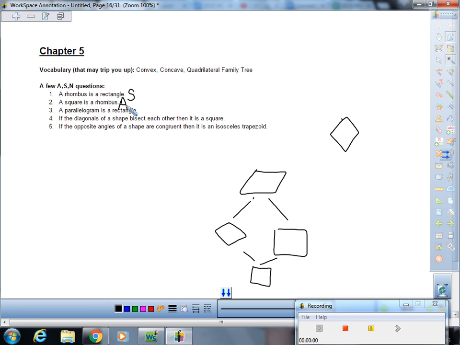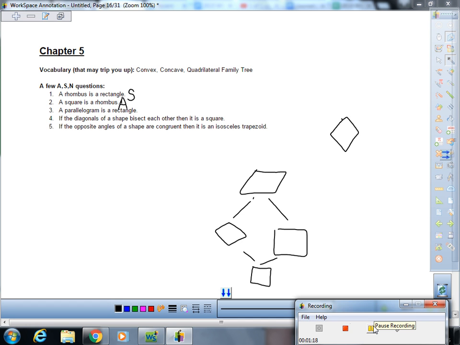What's the definition of a rhombus? The definition of a rhombus is a parallelogram with all equal sides, and since a square is a parallelogram with all equal sides, it is considered a rhombus.